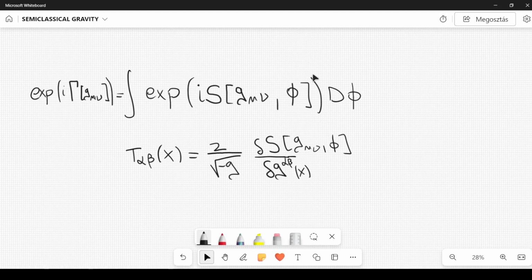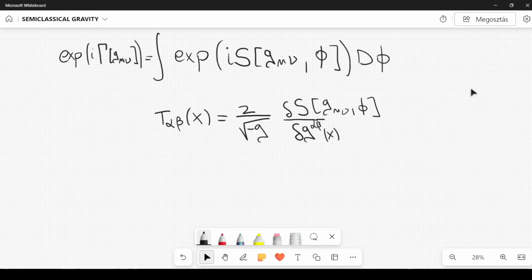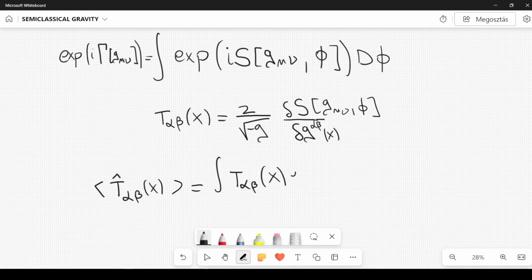Now, in quantum field theory, we can define an average of the energy momentum tensor operator. We define this operator, T alpha beta of x, and its average is given by an average performed over path integrals. So we have a ratio of path integrals. In particular, we have T alpha beta of x times the exponential of i S of g mu nu and phi.